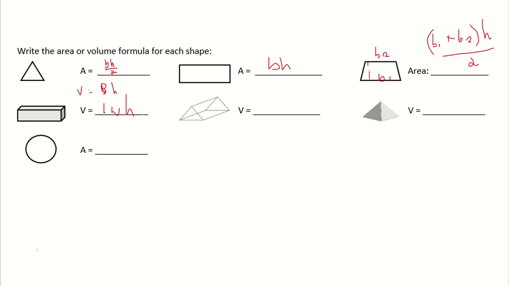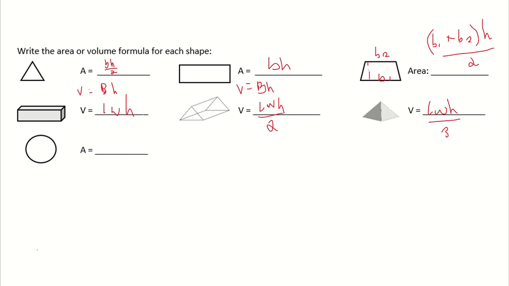Triangular prism. You could do the old formula that was volume equals capital B, area of the base, times the height, or volume equals length times width times height divided by 2. Pyramids. Volume equals length times width times height divided by 3.